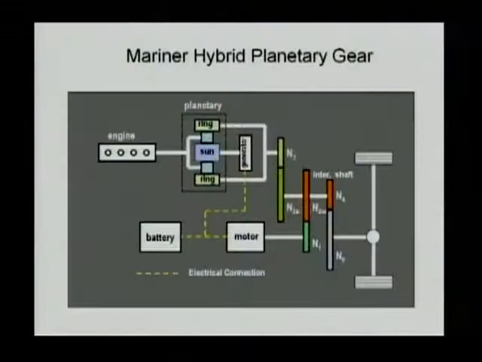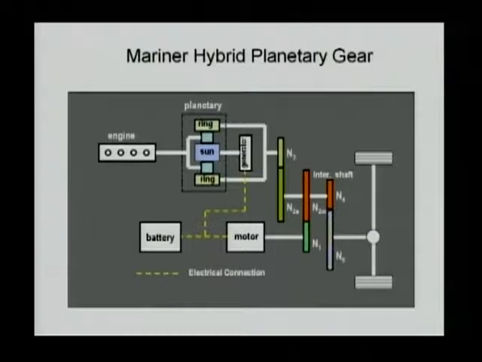On the other hand, we know that on a planetary gear system, all three gears, all three outputs, need to be connected to something. Otherwise, if one is freewheeling, the system is not able to transfer torque. So in this case, the ring gear has to be connected to something, otherwise the way that we just explained will not work. So we need to introduce another set of gears that will connect the ring gear to the final drive.